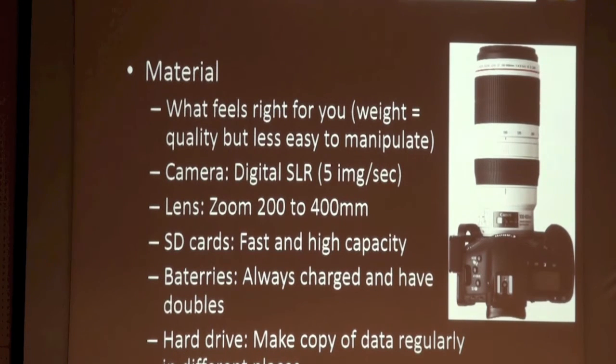We're usually using digital SLR cameras now, which can take at least 5 images per second. This is interesting because animals come out of the water, so you need to be quite fast to get good images. Use zoom lenses between 200 and 400. Beyond that it can get a bit tricky on moving boats at sea.